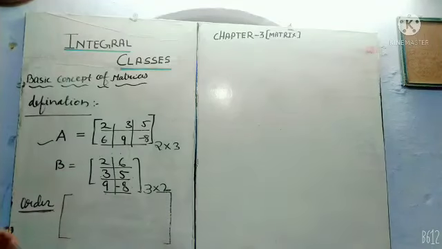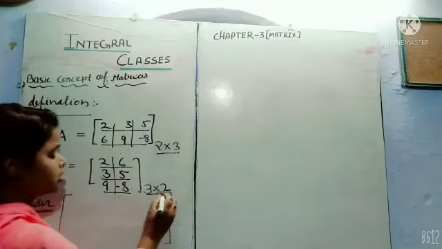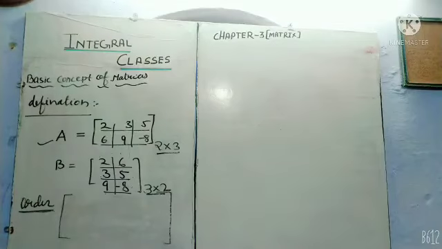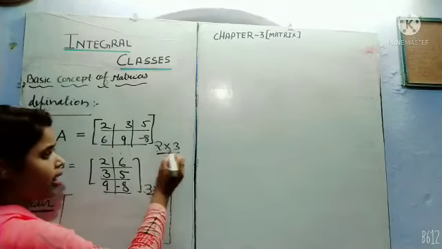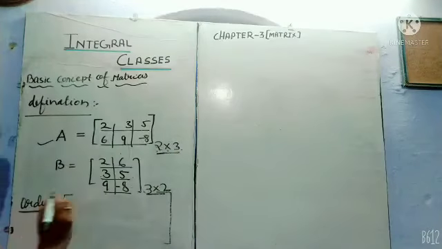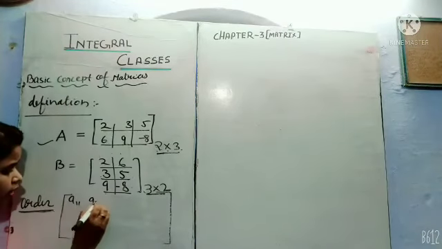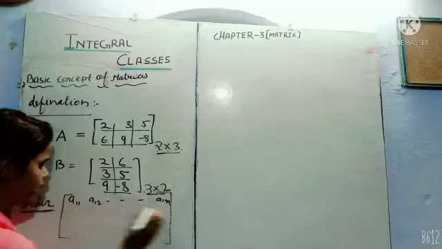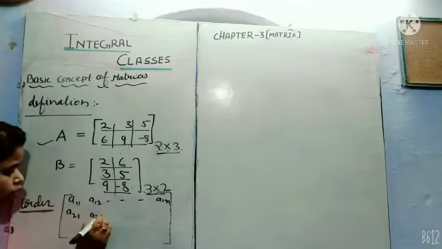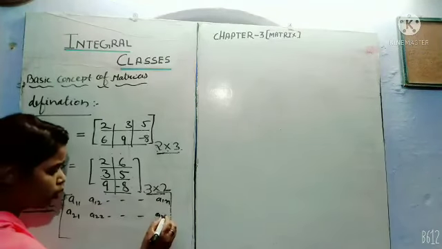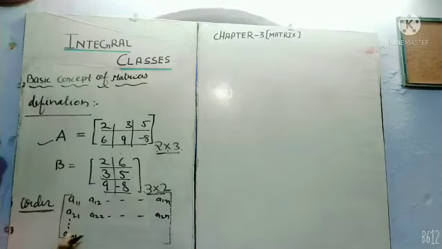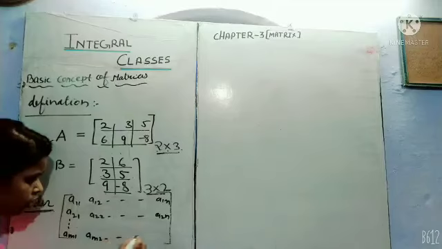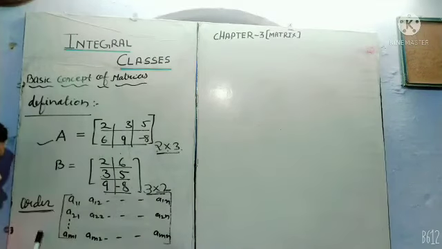So students, always write the order of a matrix like this: first the number of rows, then cross the number of columns. If we have a matrix A with entries a11, a12, ..., a21, a22, ..., up to am1, am2, ..., amn, it contains m rows and n columns.